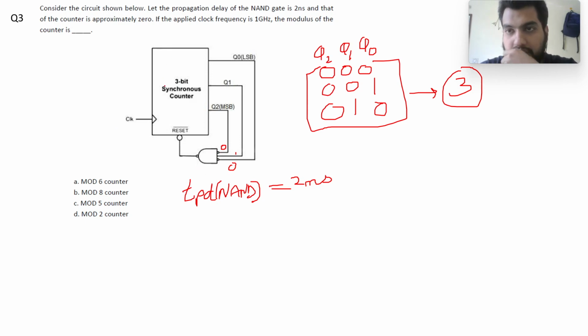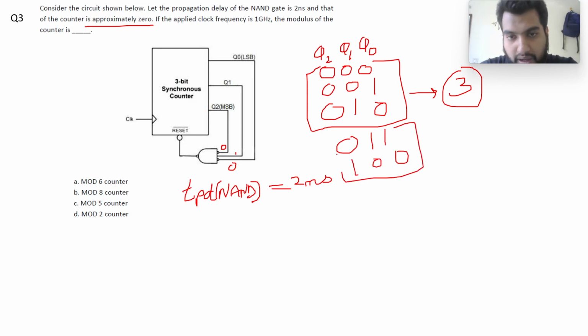But the counter does not have any delay, because the approximation is that the counter has 0 delay. So for the output of the NAND gate to reset this counter, it requires 2 nanoseconds, and in those 2 nanoseconds it will give 2 more states, which are 0 1 1 and 1 0 0.